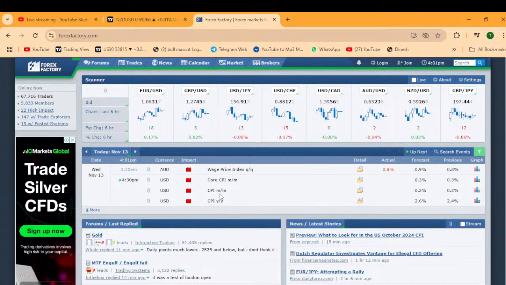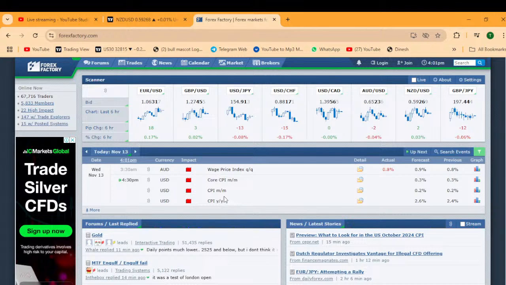If you look at the month per month and also year per year, these are the most important things. You should not just take them for granted. Don't take CPI month per month for granted. Don't take CPI year per year for granted.